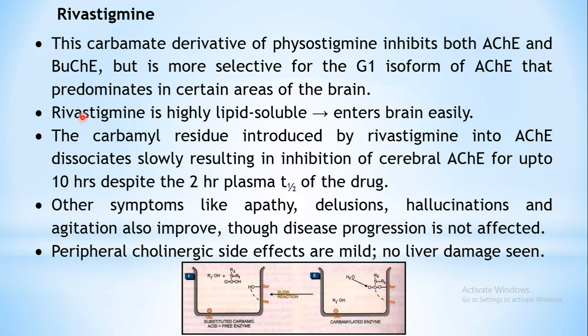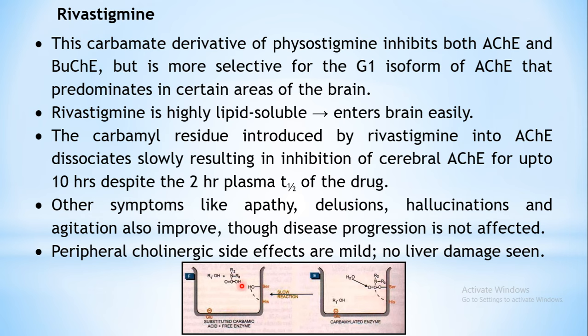But what happens when drugs like rivastigmine bind to this? They carbamylate. The carbamyl residue will bind to this enzyme, so the enzyme becomes a carbamylated enzyme. When water comes for hydrolysis to take place, this process takes place very slowly. Once it is hydrolyzed with the help of water, the carbamyl group introduced in your enzyme will be set free, and the enzyme is free.